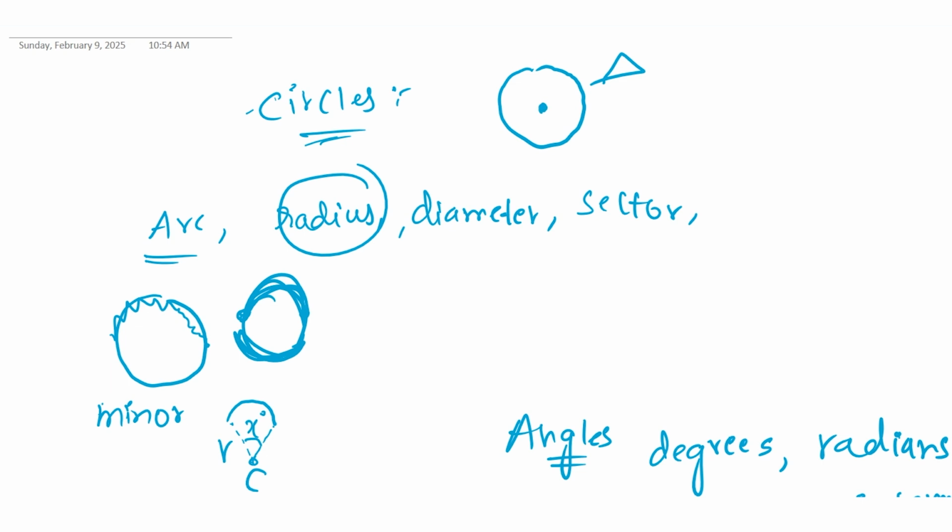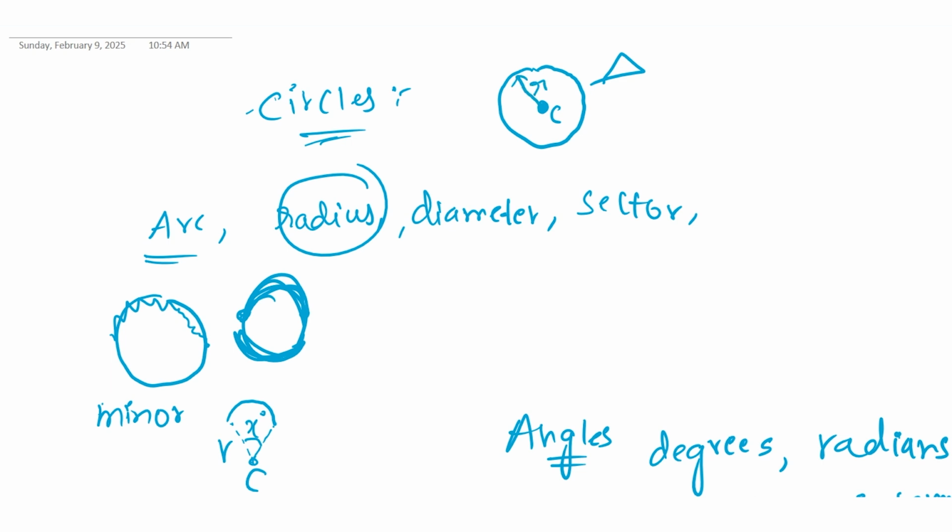This point is the center. From the center to the circumference is 1 radius.